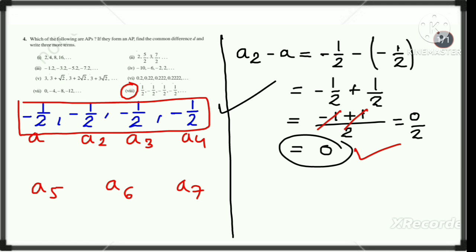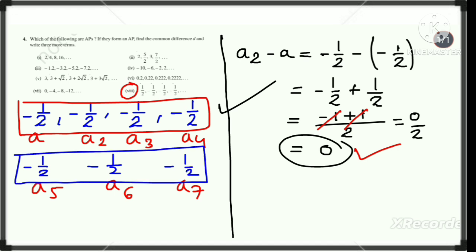So here we can simply write its 3 more terms like this. The fifth term will also be minus 1 by 2, the sixth term will also be minus 1 by 2, and the seventh term will also be minus 1 by 2. In this way we have obtained 3 more terms.